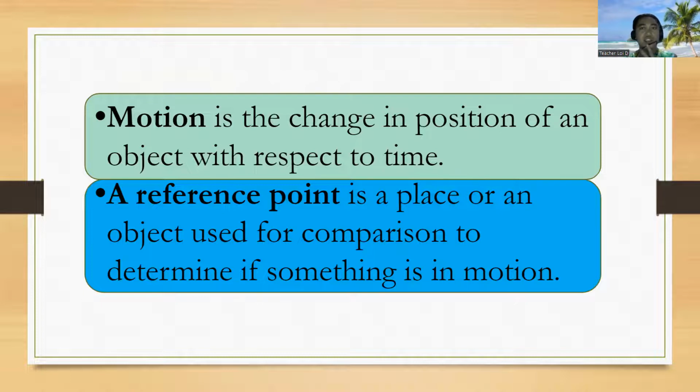And a reference point is a place or an object used for comparison to determine if something is in motion. Ito yung reference point natin na ito yung evidence natin na gumalaw yung isang object.